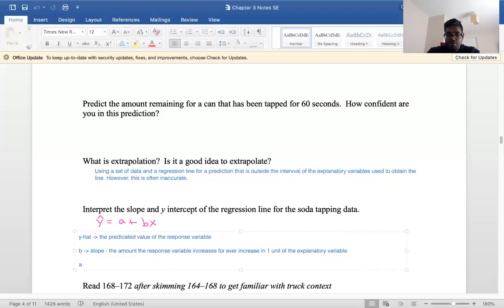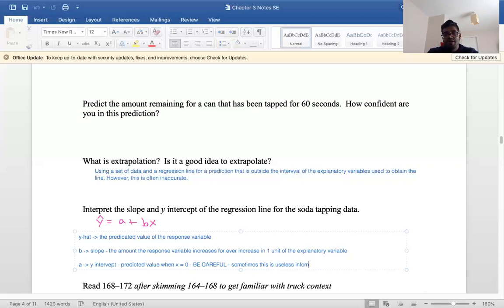And your a value, this is your y-intercept. And this is the predicted value when x is 0. And here I want you to be careful. Sometimes this is useless information.